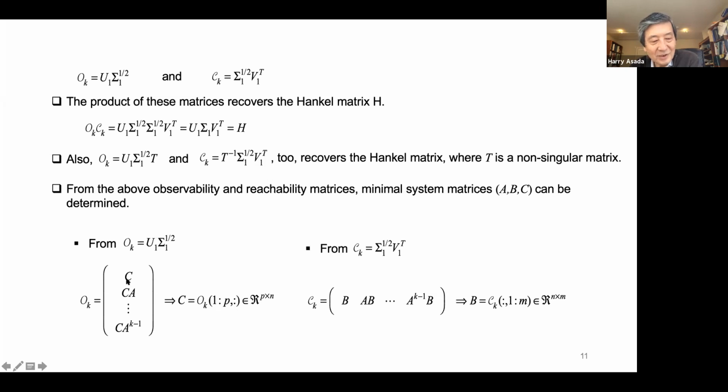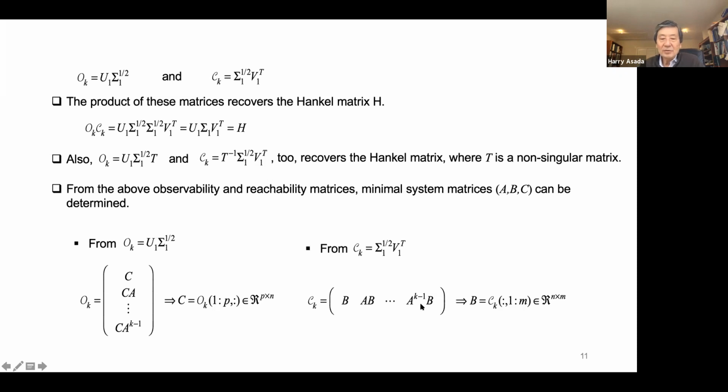What I'm trying to do is pick up only this guy, right? Likewise, in the reachability matrix C_K, the good thing is you see B just here, the front block. So you just extract B from this reachability matrix that can be obtained from the singular value decomposition of the Hankel matrix. We just pick the first m column vectors from here, and that's written in this way.